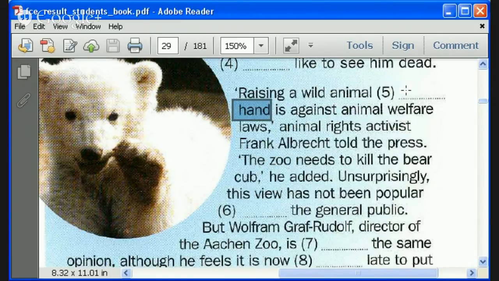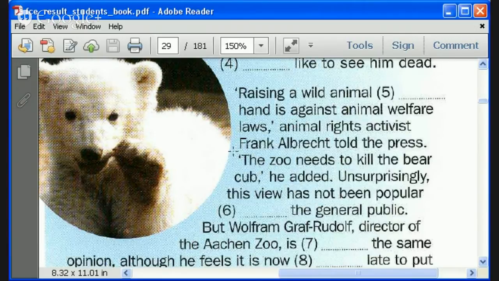But with hand doesn't have any abstract meaning. With hand is only physical, a concrete dictionary meaning, and in that case you would have to say raising a wild animal with your hands. So anyway, by hand is the answer.